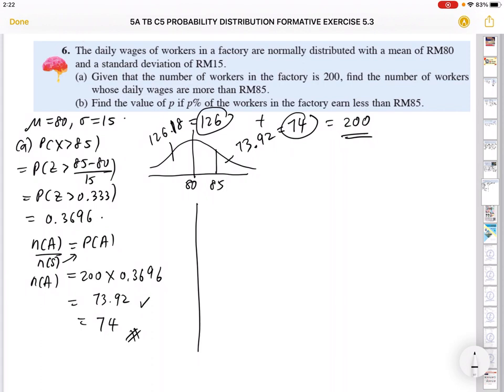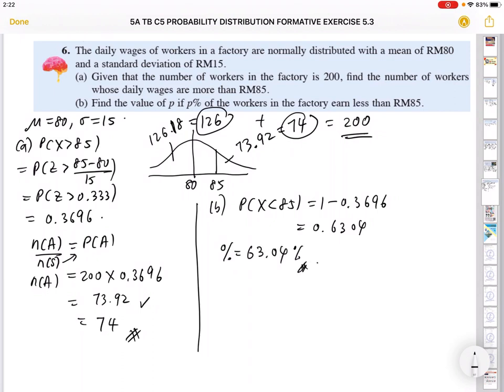Let's look at part B. Find the value of P if P percent of the workers earn less than 85. This is the easier version because we only want less than 85. So I take 1 minus 0.3696, I get 0.6304. So my percentage is 63.04, just times 100%. By the way, again, there's a difference with the answer in the textbook.